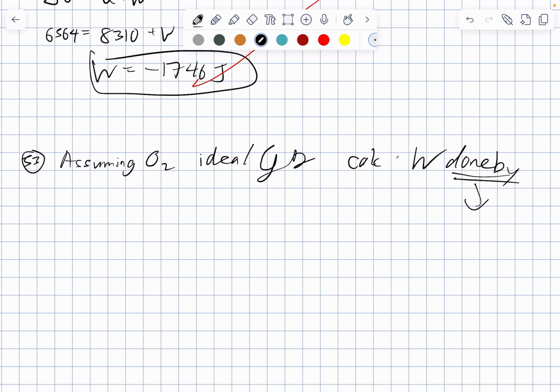What is done by? Done by the system expansion.